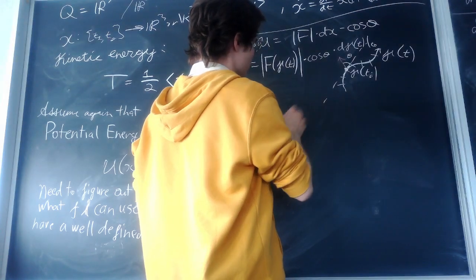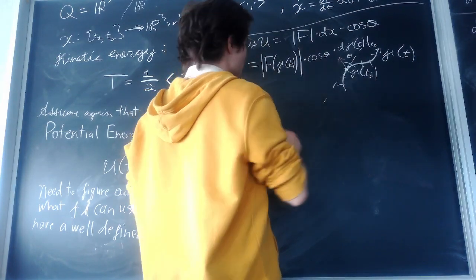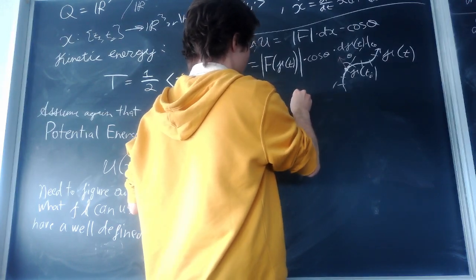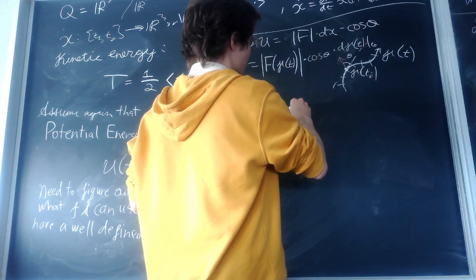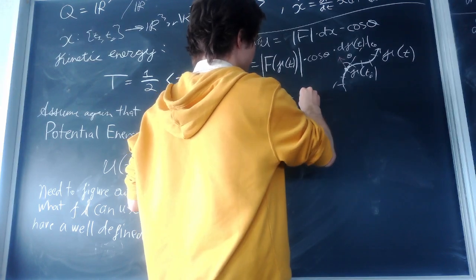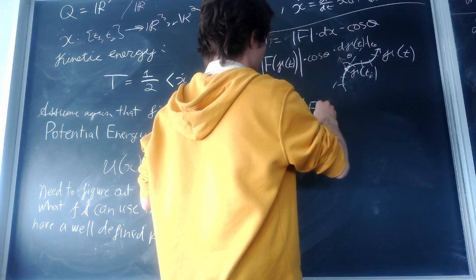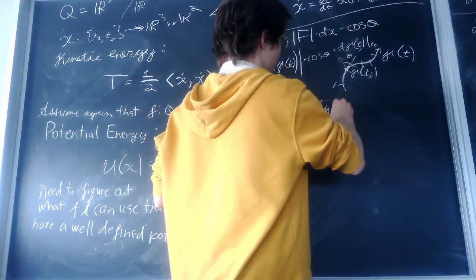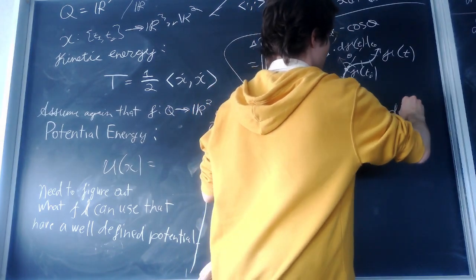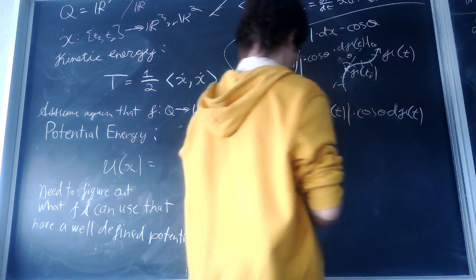So what I want to write down is I want to do this sum: F of gamma of t dot cos theta, d gamma of t. Okay.